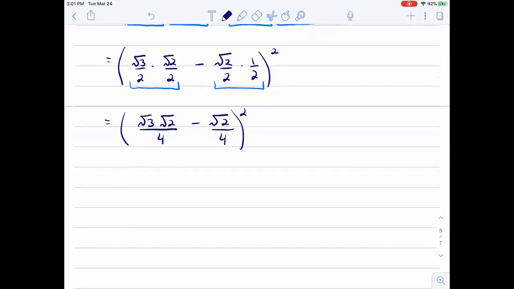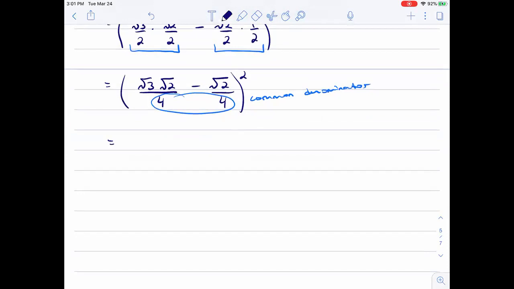So now I've got this common denominator. So I can rewrite this as root 3 root 2 minus root 2 all over 4, and then square that.